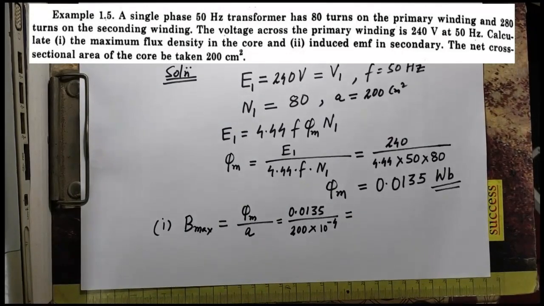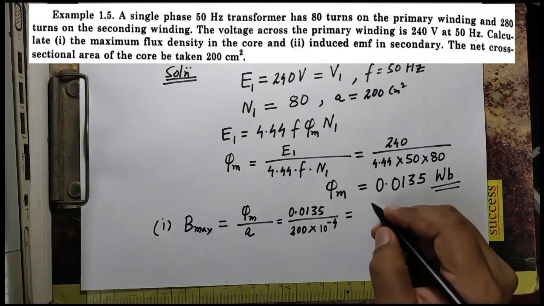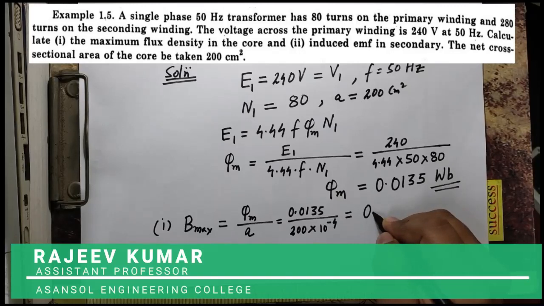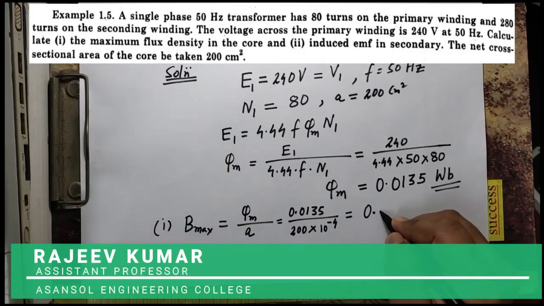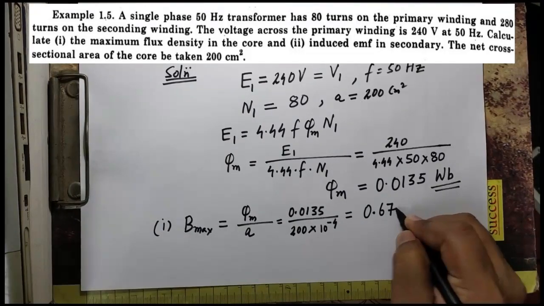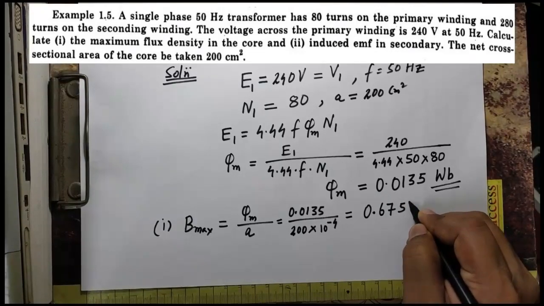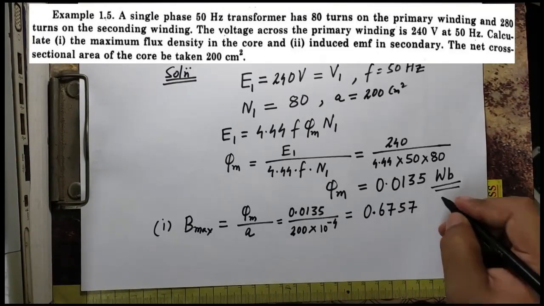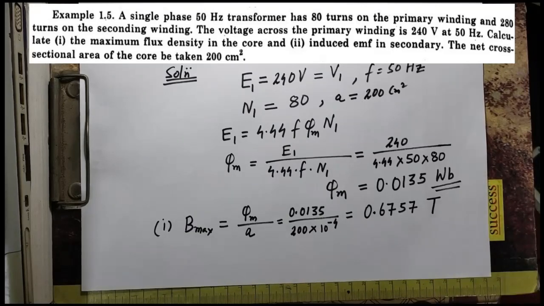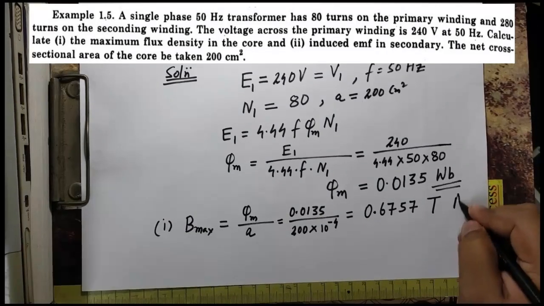Let us solve it in the calculator. It is giving 0.6757 Tesla. So this is the first answer.